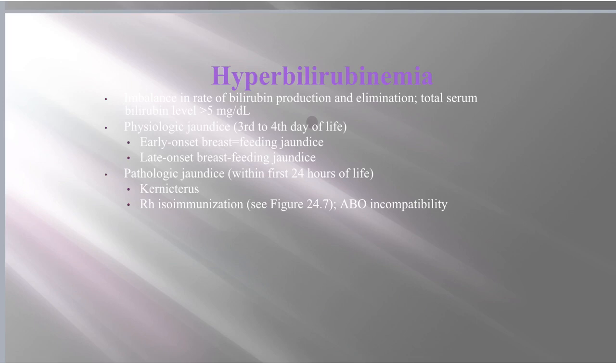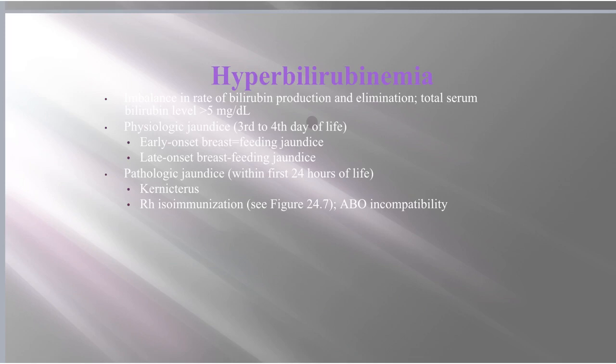So we know that early onset breastfeeding jaundice is due to ineffective feedings. Late onset breastfeeding jaundice occurs at 6 to 14 hours of life. Then we have the pathologic jaundice. This is due to ABO incompatibility or Rh isoimmunization.